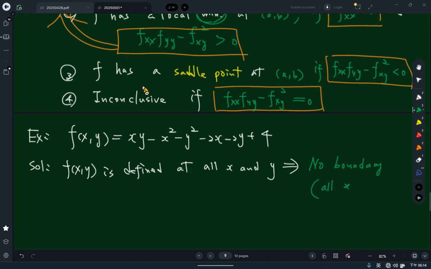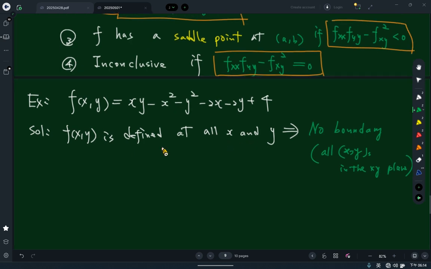All (x,y) in R squared is the domain part. Then we can continue to calculate, we try to define its critical point.